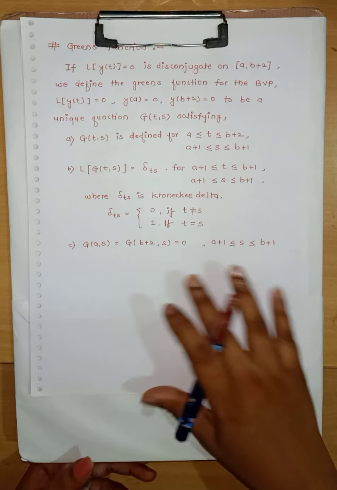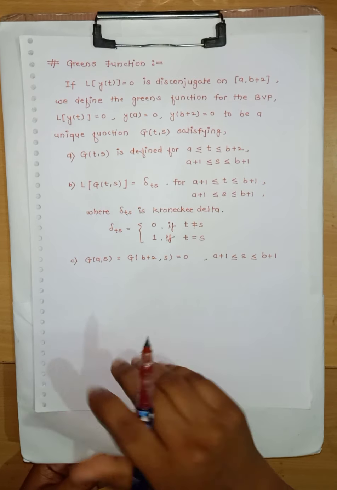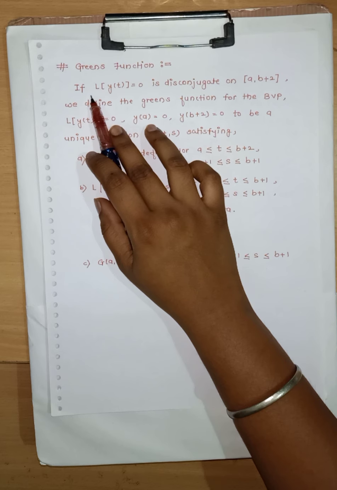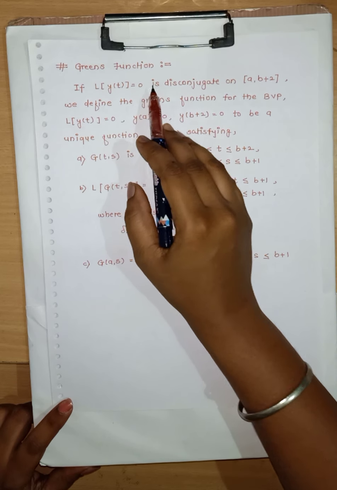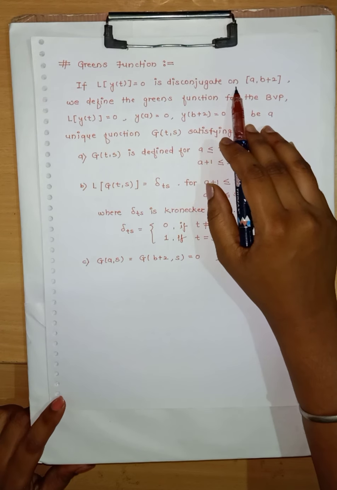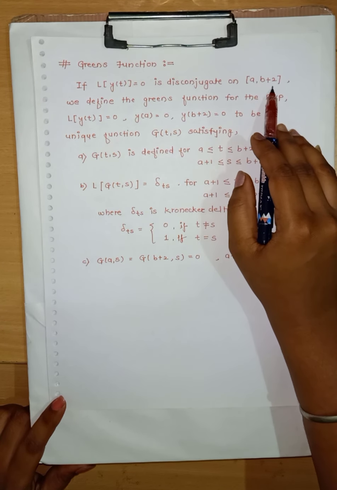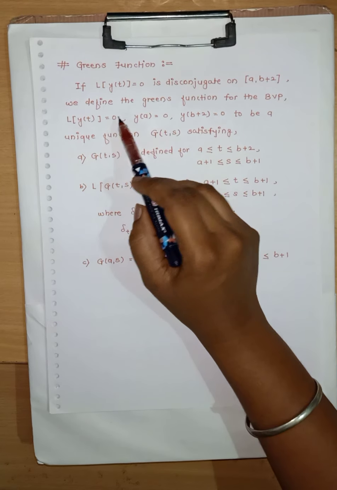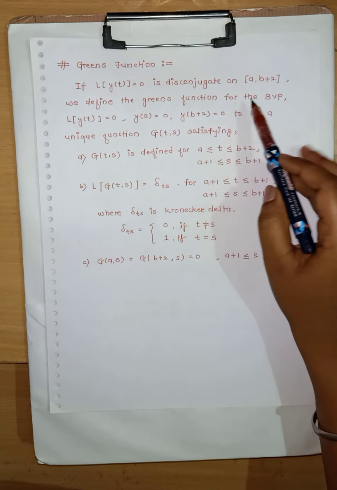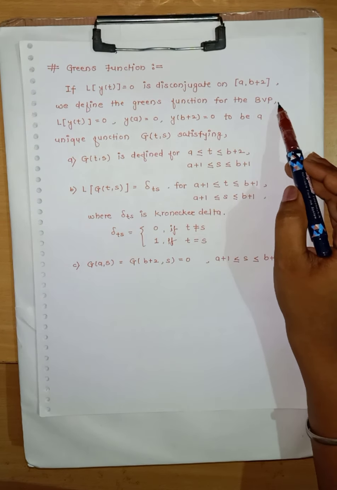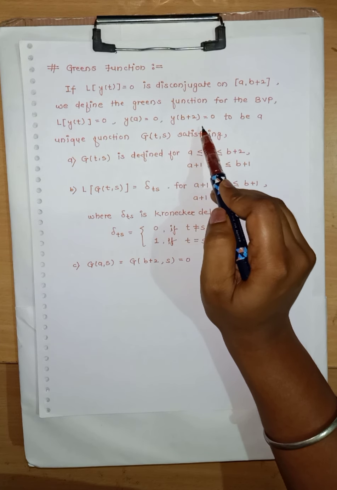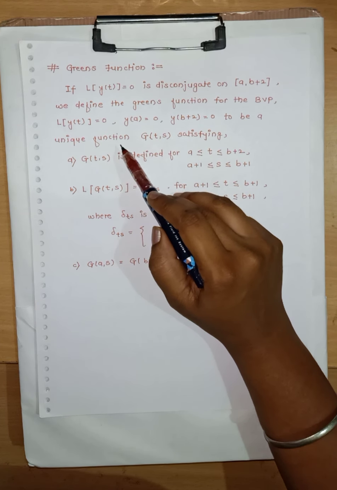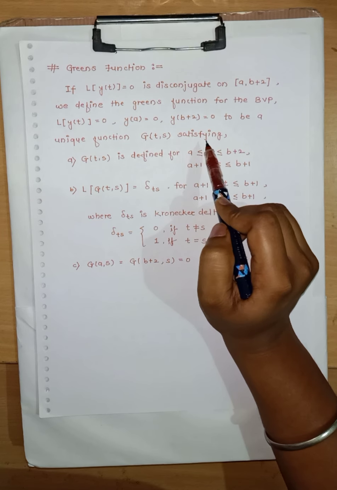So what is a Green's function? If L of y of t equals 0 is disconjugate on the closed interval [a, b+2], we define the Green's function for the boundary value problem L of y of t equals 0, y of a equals 0, y of b+2 equals 0, to be the unique function g of t, s satisfying the following.